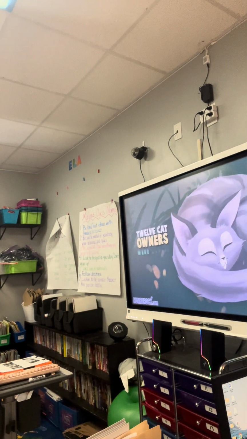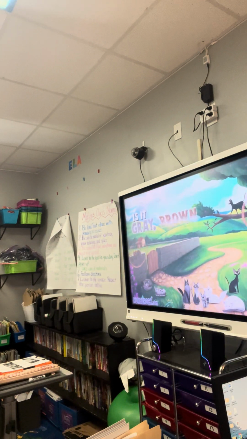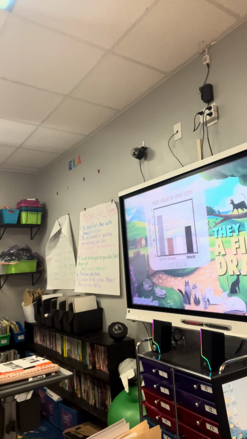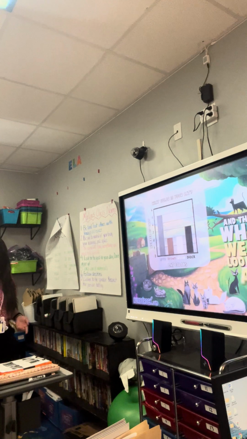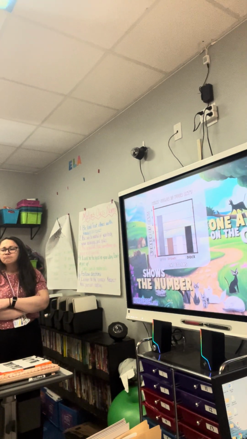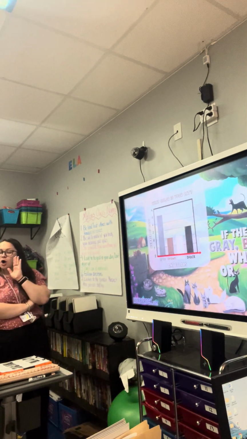12 cat owners were asked, what color is your cat? Is it gray, brown, white, or black? They made a first draft of a bar graph, and that's what we're looking at. One axis on the graph shows the number of cats. The other axis is gray, brown, white, or black.